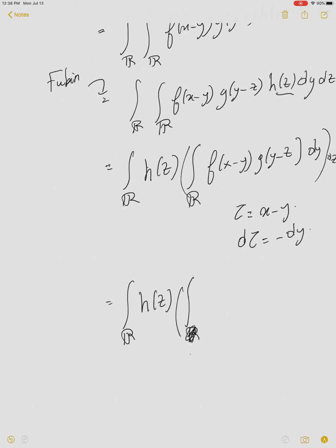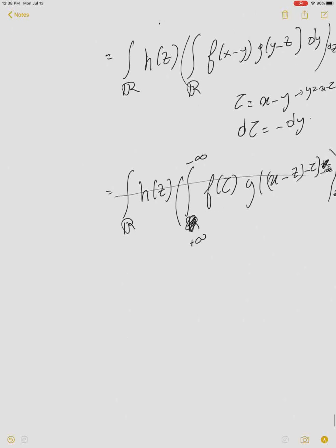Well, I have plus infinity to minus infinity. f of x minus y is f of tau. In g of y minus z, I should replace y. It's giving me y equal to x minus tau. So this is g of x minus z minus tau, times minus d tau, and all this dz.